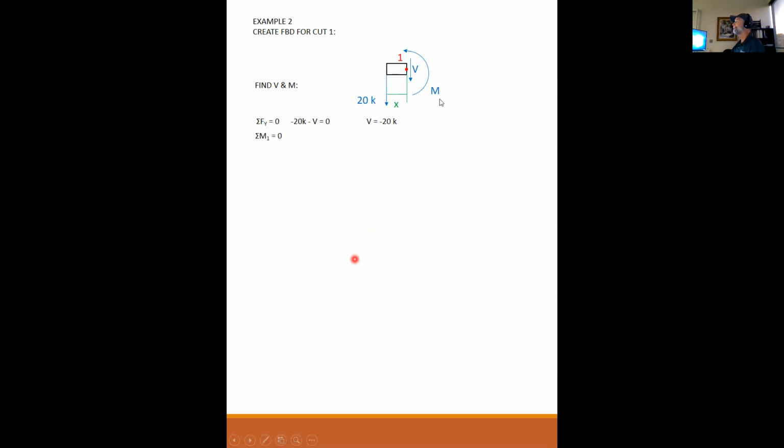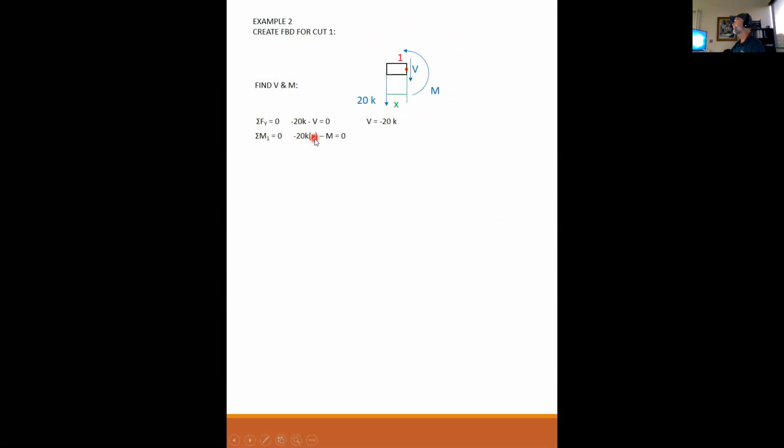If I sum my moments about the red dot there, I have minus 20 kips times x. And this is minus because it's tending to turn the body counterclockwise. Not necessarily because I found this to be negative, but more importantly, the direction of the 20 kips is turning the body counterclockwise. That's why it's negative.